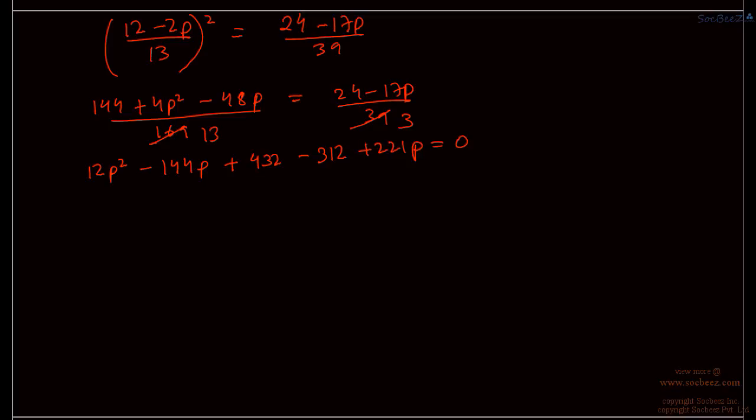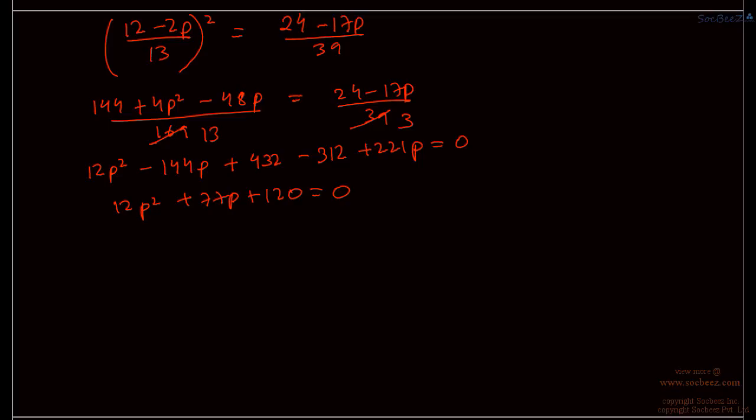So I added this side, right? So I have 12p squared. I have 221 minus 144p, that is 77p, and I have 432 minus 312, that is 120, right?